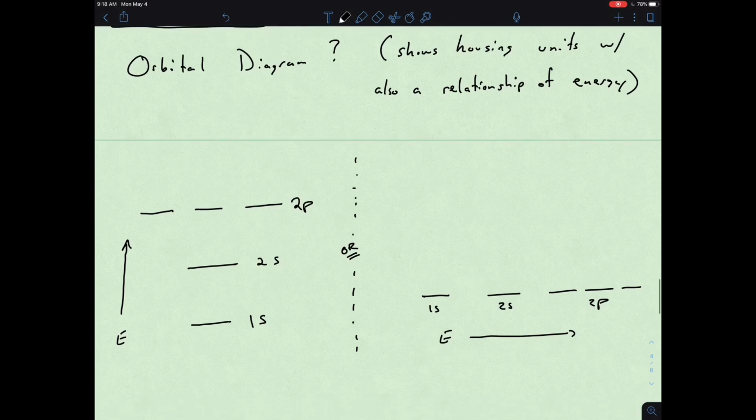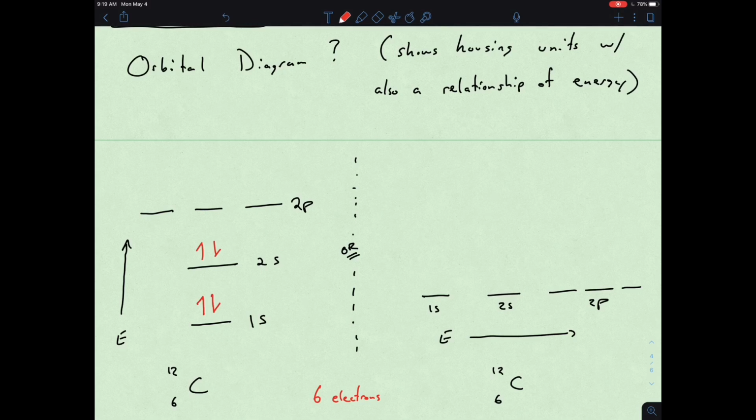And so if I'm looking at carbon, right, with those 6 electrons, I would be placing them in one at a time. So I first start with the 1s. I put 1 in there, and then I pair it up. The 1s is full. Now I go to the second level. I put 1 electron in, and then I put my next one in. Now the 2s is full.